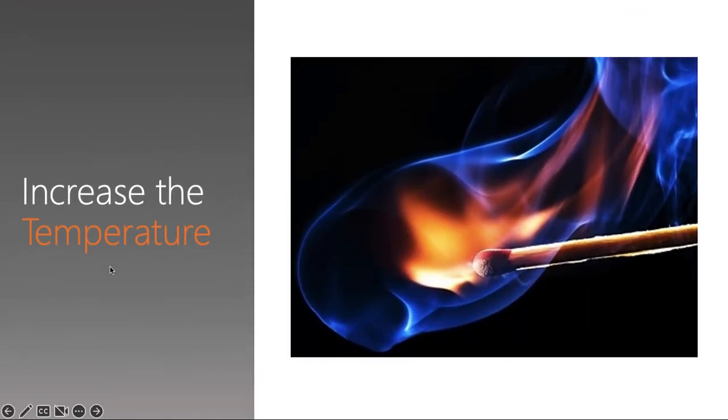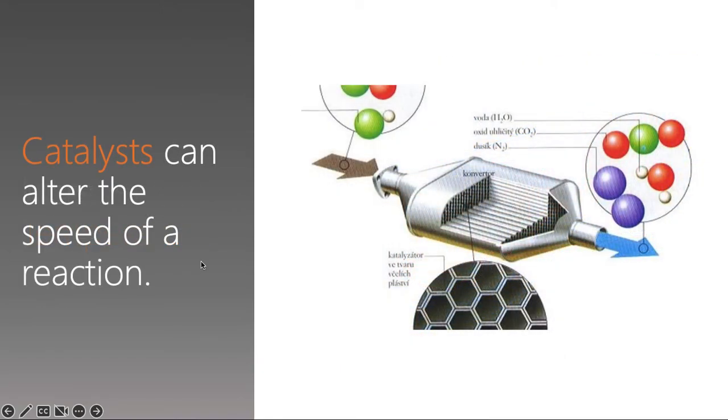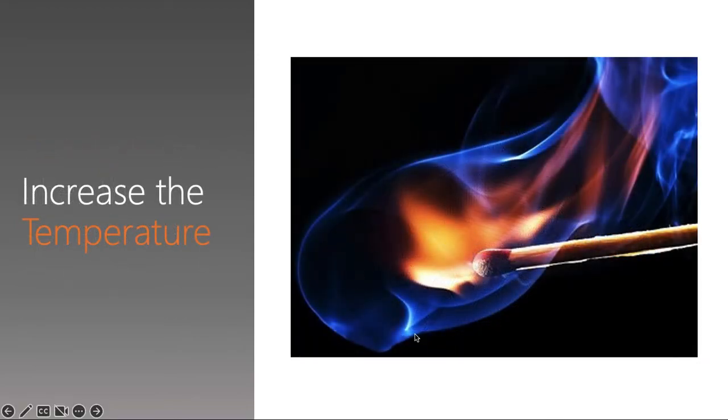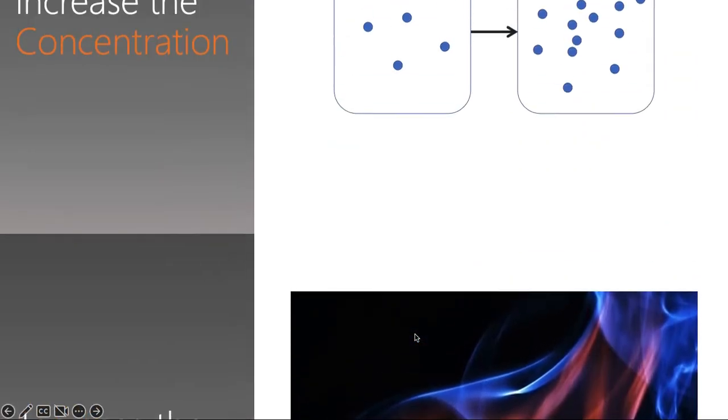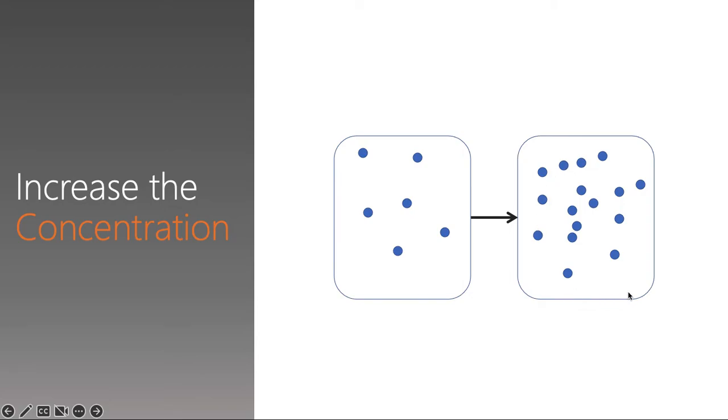I can also increase the temperature. Temperature is related to the kinetic energy of those molecules. So, going back here, if I have a number of reactant molecules, but I increase the temperature, I also increase the kinetic energy of the molecules, or how fast they are moving.